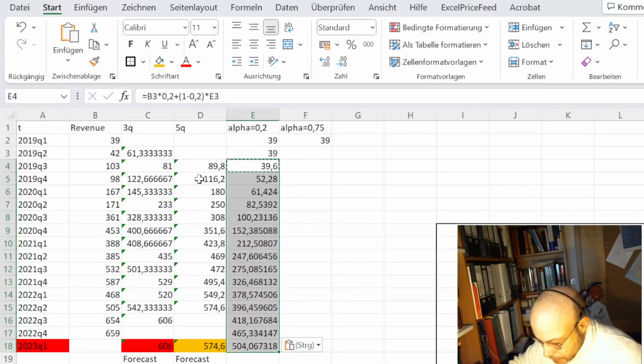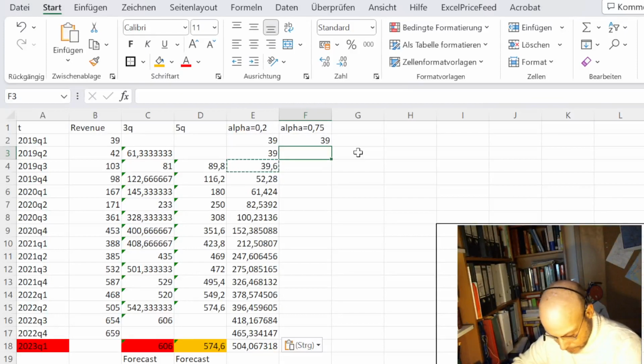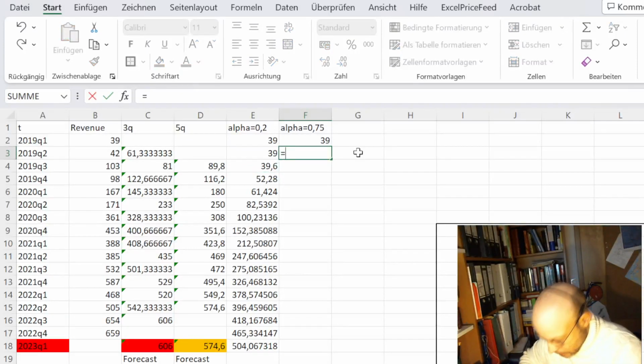And in this case, we have to calculate the true data point 39 times 0.75 plus 1 minus 0.75 times the forecasted value.